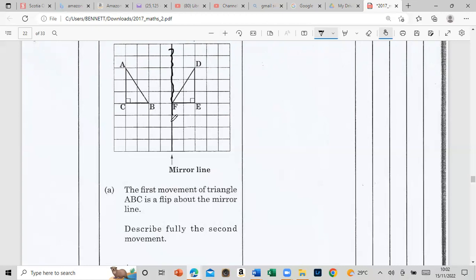So that means it's like so then. But the movement is Adam. Right?